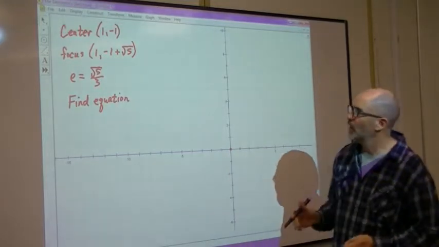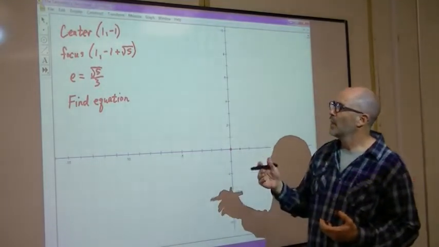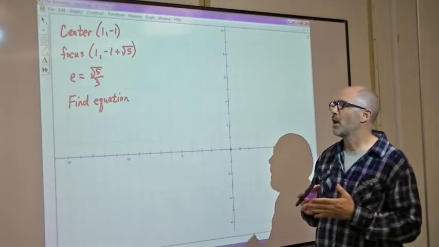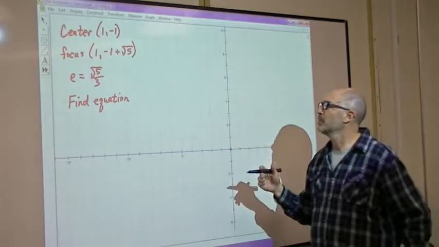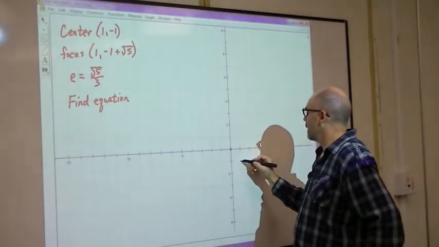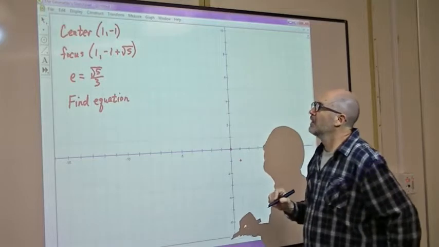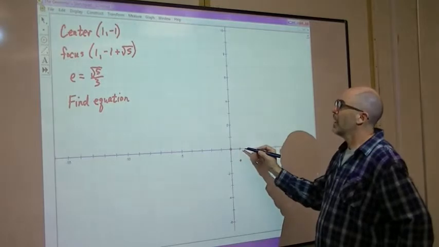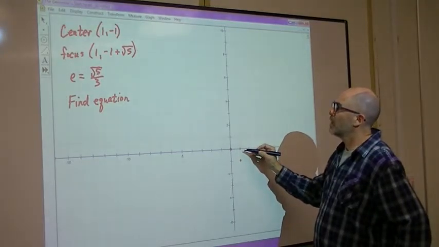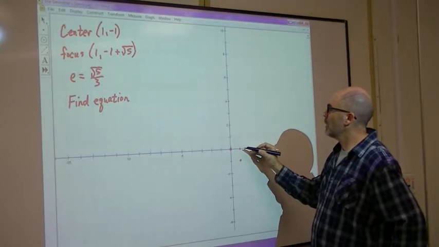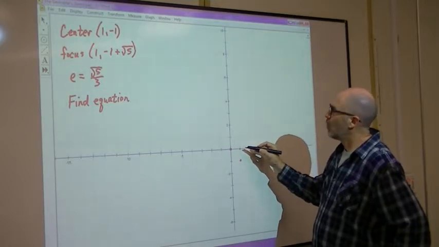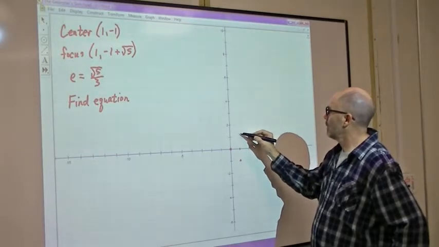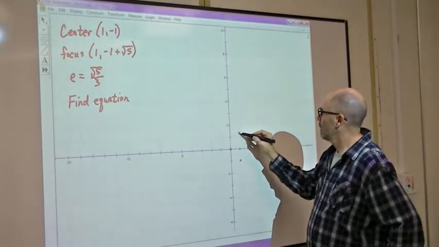Okay, so what we need to do here is we need to first draw our picture, and then we're going to see things pop out that will help us out. So the center is 1, -1. Then we know the one focus is 1, -1 plus square root of 5. So -1 plus square root of 5 is about 1.3, right there.